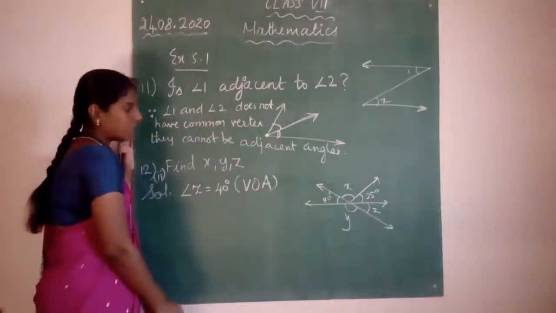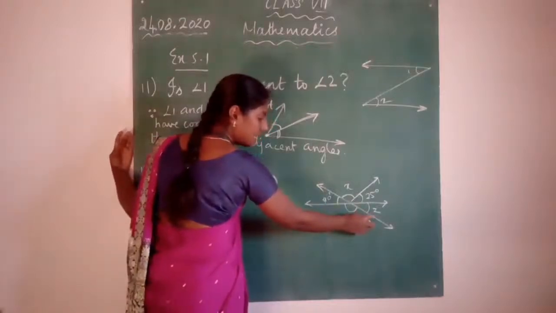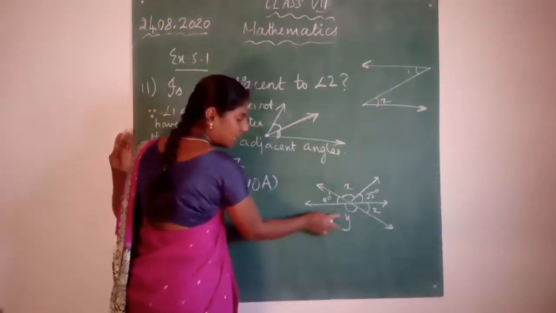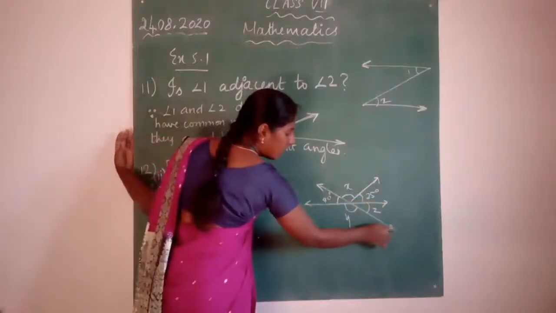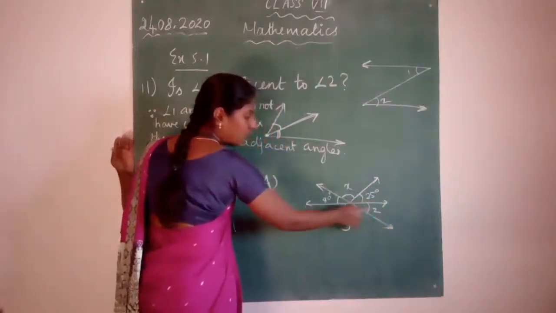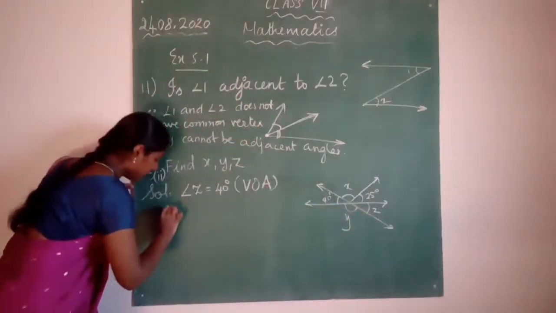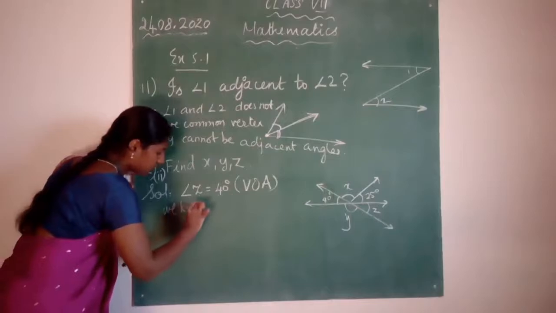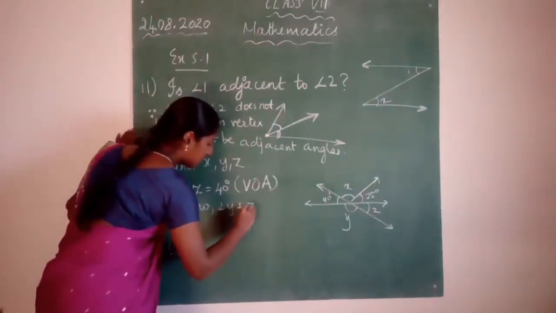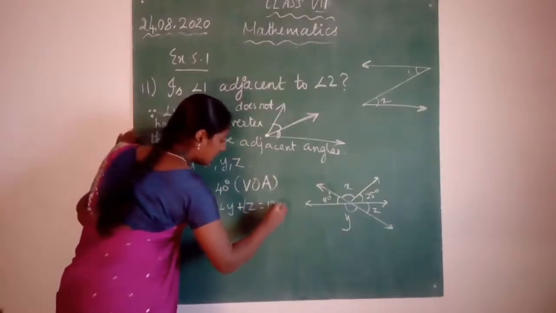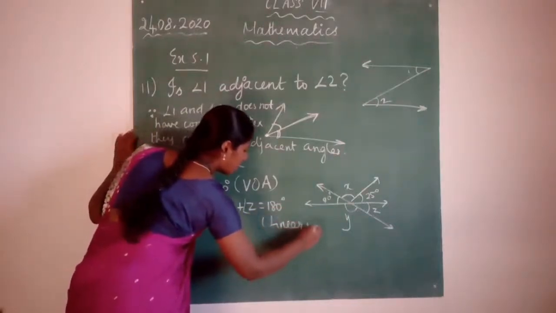Next, let us find y now, because we got z and it is easy to find y since these two are a linear pair. On a straight line you have a ray and two angles, and their sum will be 180 degrees. So write, we know angle y plus angle z equals 180 degrees, the reason is linear pair.